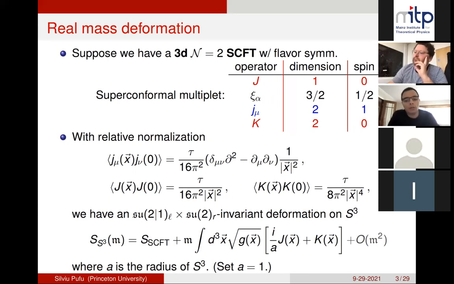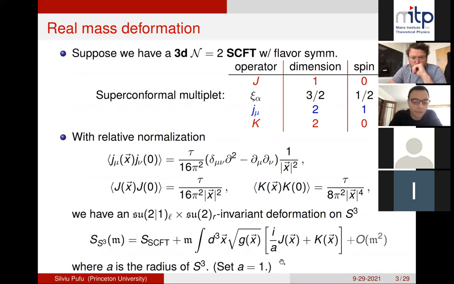Then we take the conformal theory, put it on a round 3-sphere, and then we can deform it using operators from this multiplet, namely J and K, in a way that preserves N=2 supersymmetry on the 3-sphere. N=2 supersymmetry without conformal symmetry, just N=2 supersymmetry on the sphere, means SU(2|1) times SU(2) as a superalgebra. And the deformation is just some parameter M, and then I over the radius of the sphere times J plus K. K has dimension 2.